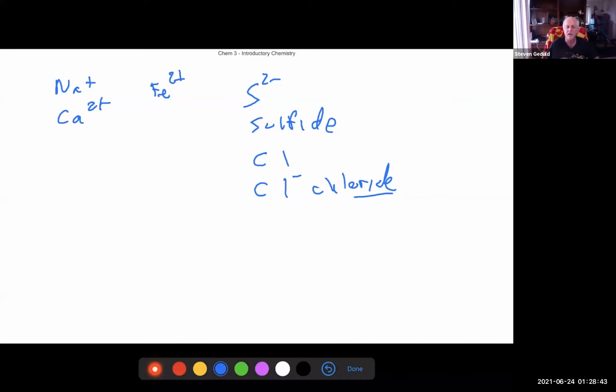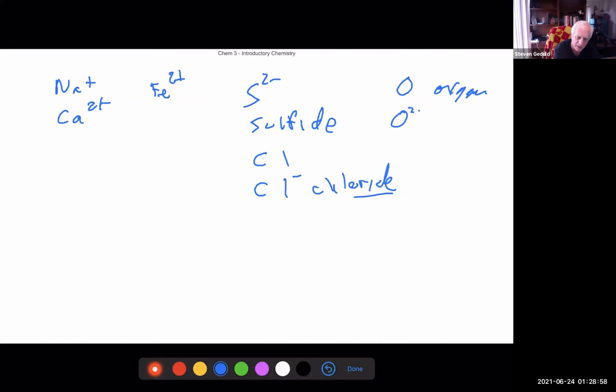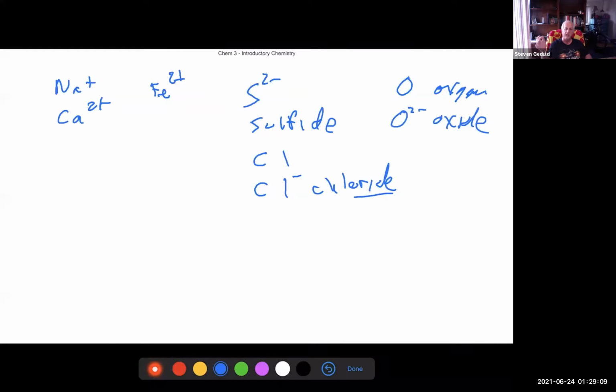Oxygen is O, and when it becomes an ion, O2-, it becomes oxide. So the cations keep their names, and the anions drop the ending and add -ide. Your positive charges are the name from the periodic table, and the negative charges are the names with the ending changed to -ide. That's how we name things.